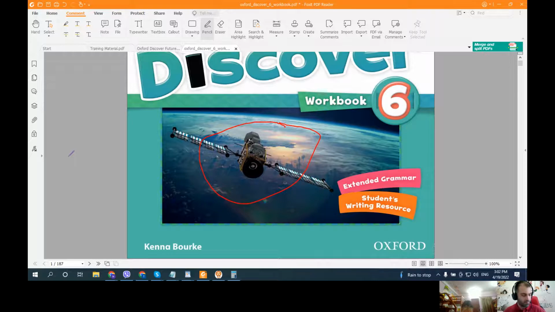Why are satellites nowadays so important for us? What do you think? We can also research from the pictures that the satellite captures. Okay, so we are searching for information. Satellites are important because of the information that we receive.